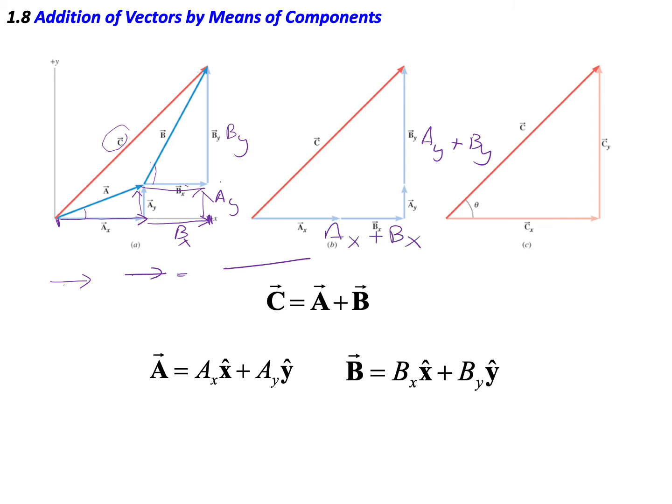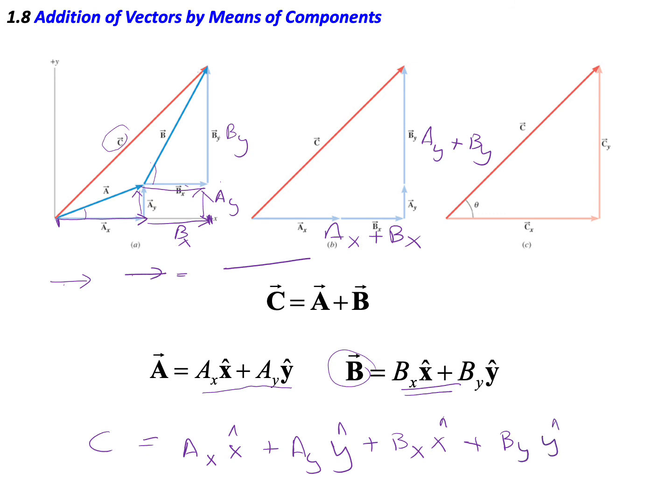BX. So if you add AX plus BX and AY plus BY, you get C, which is A plus B. A is AX x hat plus AY y hat. Vector B is BX x hat plus BY y hat. And now you can use x hat similarly.